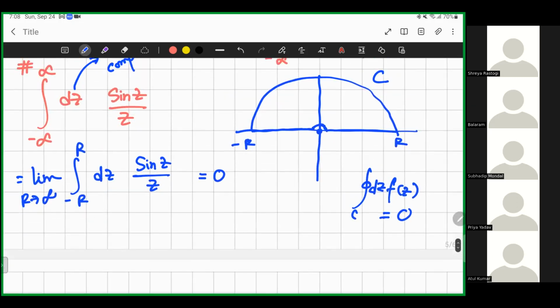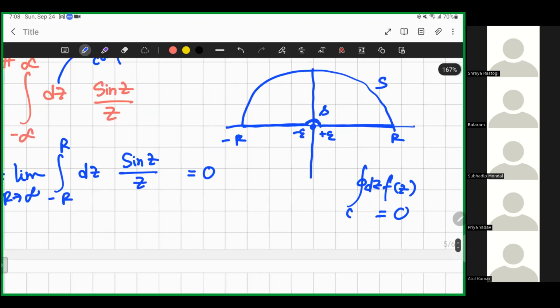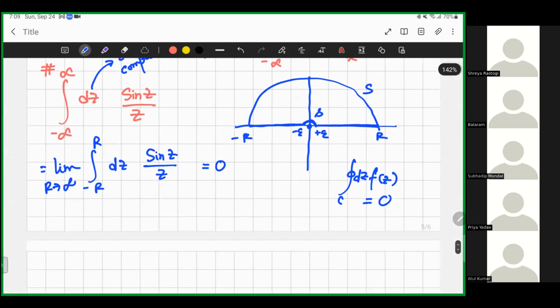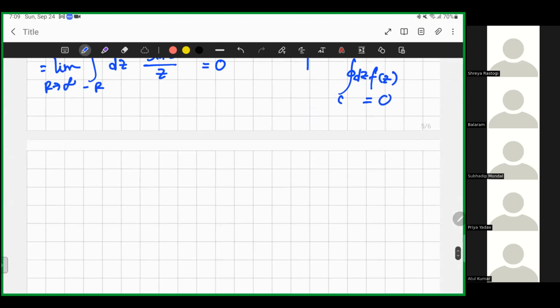So now we can break it. Let's say this is minus epsilon, this is plus epsilon, and this small semicircle is called small s, and this big semicircle is capital S. So essentially we have broken down the contour into 4 parts. One is minus r to minus epsilon, another one is small s, another one is plus epsilon to r, and the last one is the capital S. So this integration, we are ignoring the limit here now, we'll put that later.